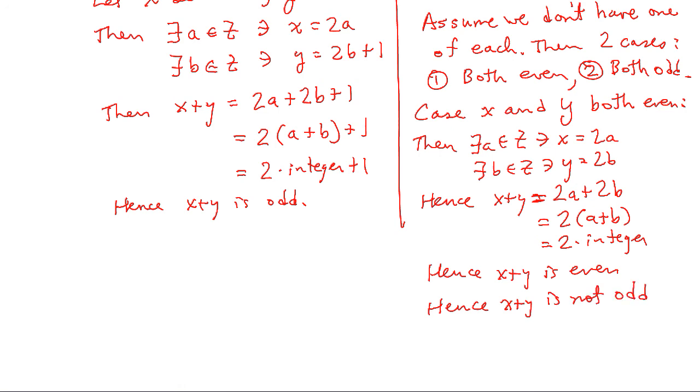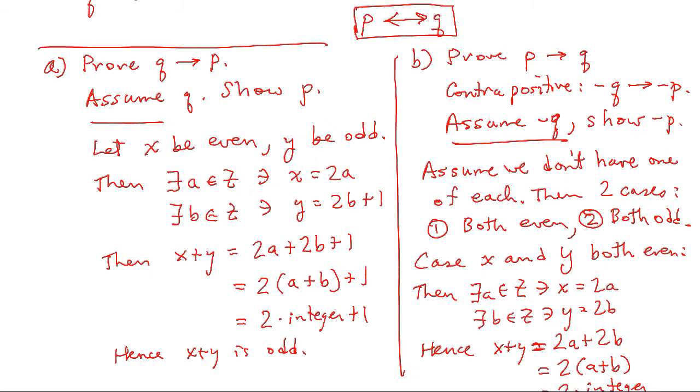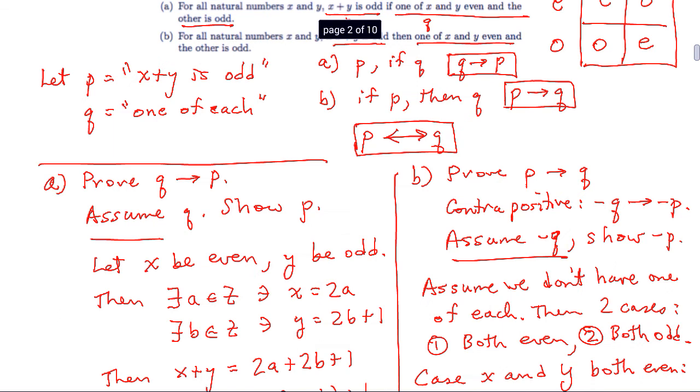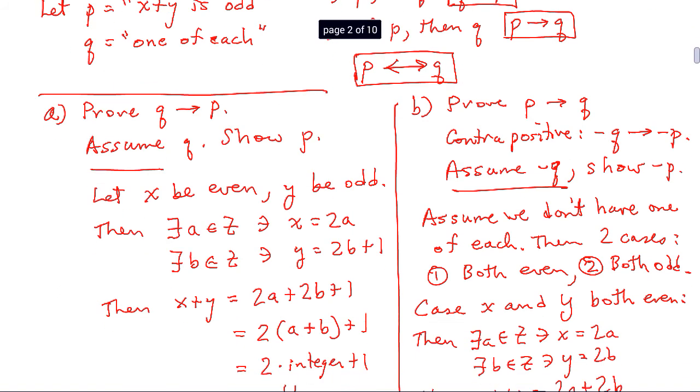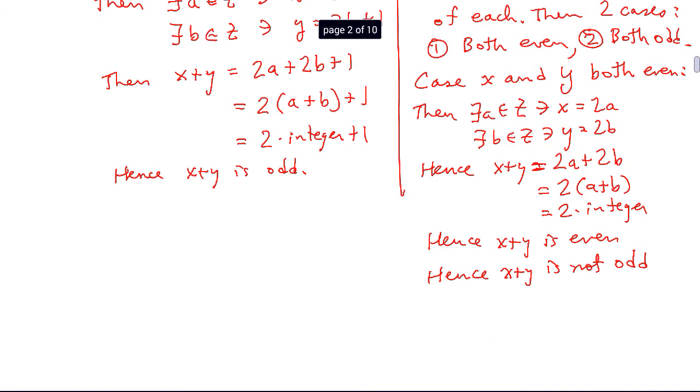And that's exactly what we were trying to prove, because we're trying to show not P. And P was the statement that x plus y is odd. Okay, so we were trying to show that x plus y was not odd, and in fact, if we showed that it's even, that shows that it's not odd.